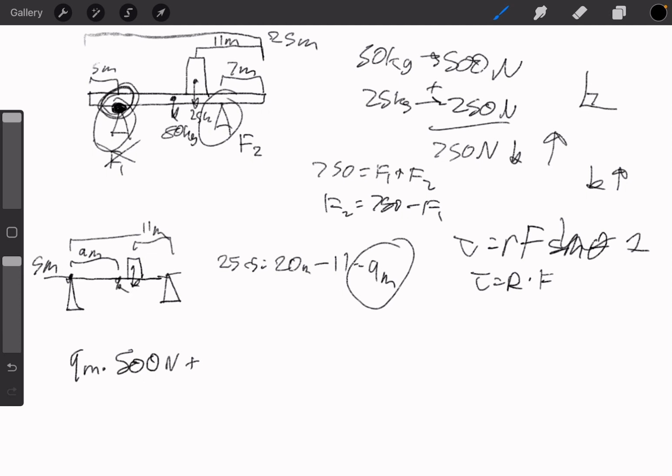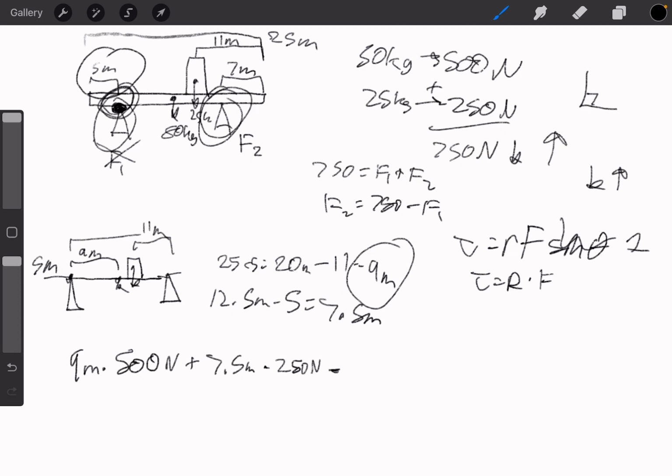So the beam itself was at 12.5 meters, so it's going to be also minus 5 meters because we're cutting off this 5 meters over here. So 7.5 meters times 250 newtons going down, and minus, now we're going to need to incorporate force sub 2.